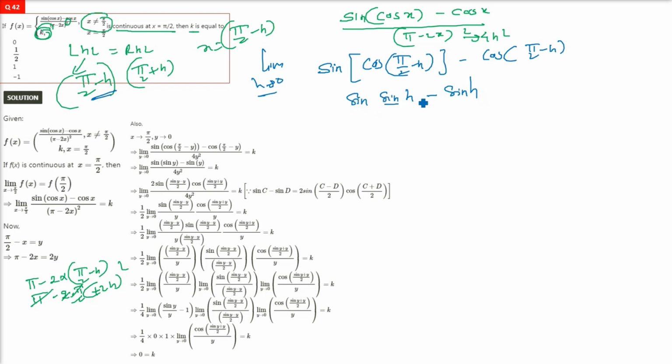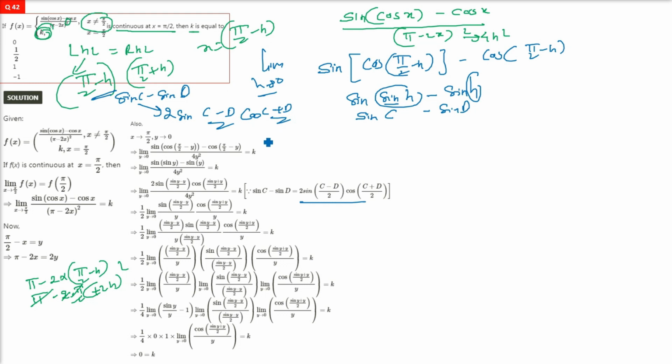So in the denominator you have 4h square. But before that, this is sin c minus sin d, where c is sin h here and d is h here. So you can replace sin c minus sin d by 2 sin((c minus d) by 2) cos((c plus d) by 2).